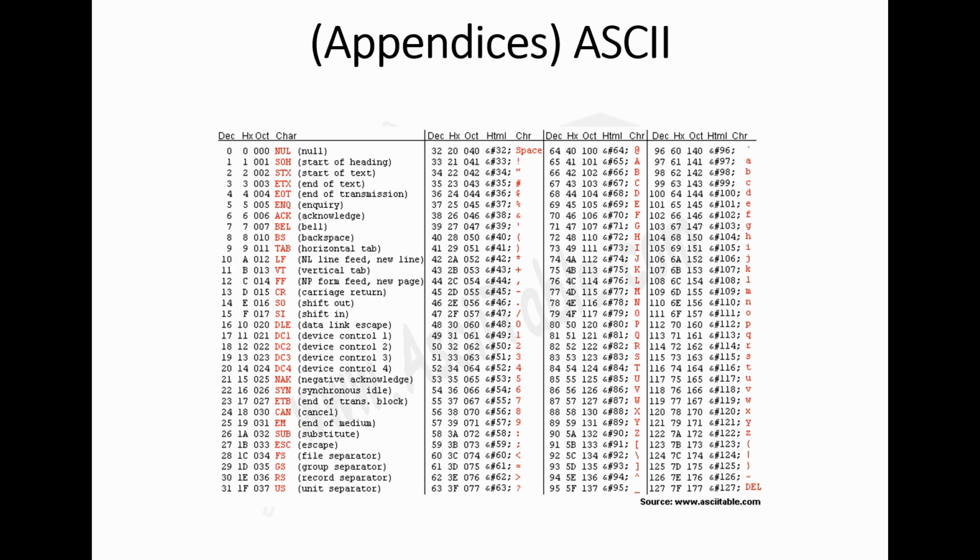The binary form of the ASCII character for 0 corresponds to the number 48 as a decimal number. And for our last example, the symbol for hash is stored as 0, 0, 1, 0, 0, 0, 1, 1, which corresponds to the number 33 as a decimal number.